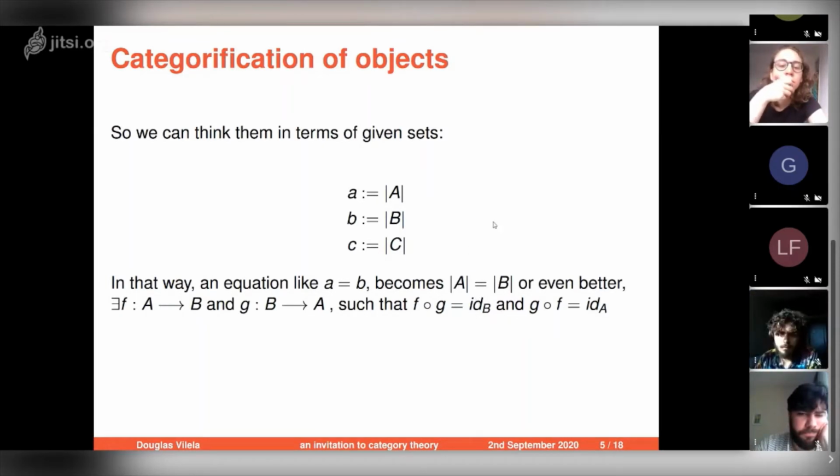So it's another way of saying that these sets are isomorphic, that they are bijective. I don't know, it's the term.